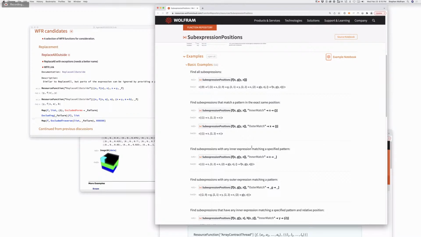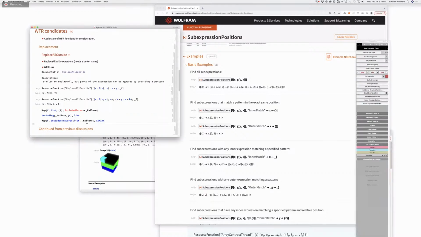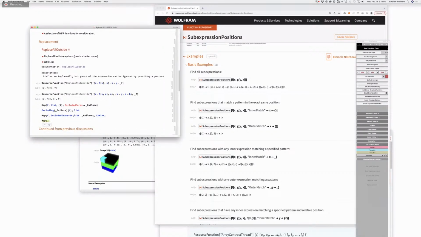Well, it depends what you mean by restrict by position, because the thing we're talking about with map is, look, the case with map is you hit a failure, you don't want to burrow inside the failure, or you hit some kind of object that you want to treat as atomic. This is only for level specs greater than 1, you mean?